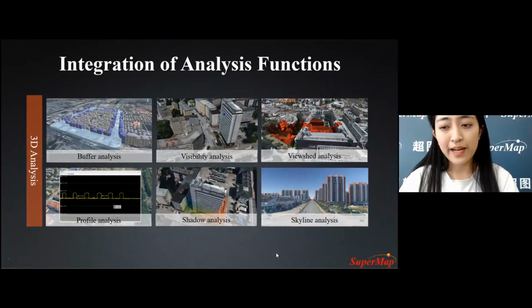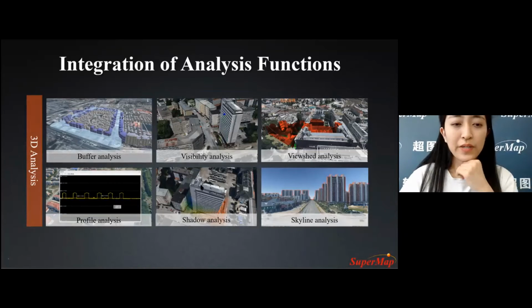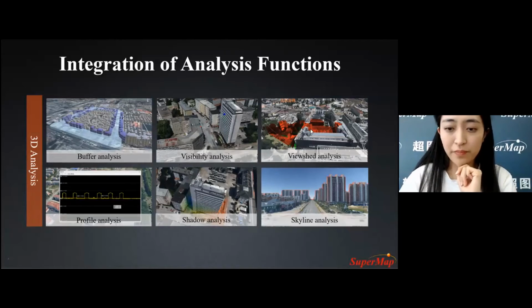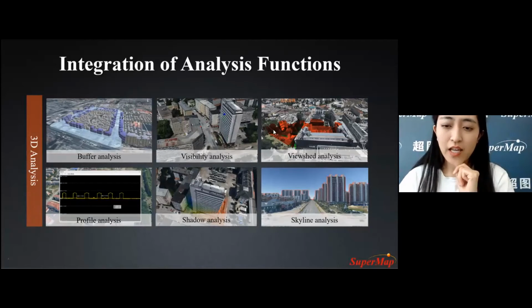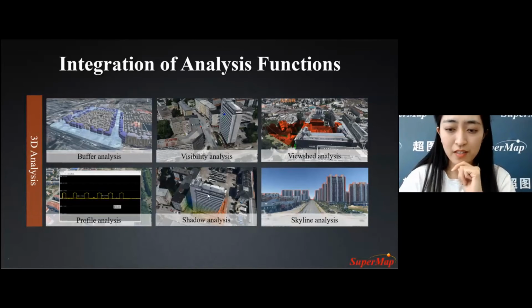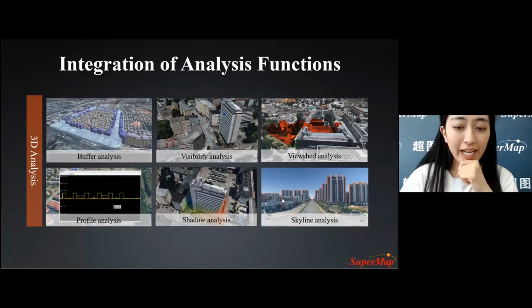For example, by performing a 3D buffer analysis on the road, which is a 2D analysis, to obtain a road buffer object. And using the 3D relation query, you can obtain the non-compliant buildings within a certain range of roads, such as the detection of accident lines in urban planning.